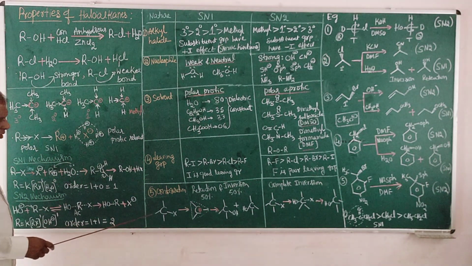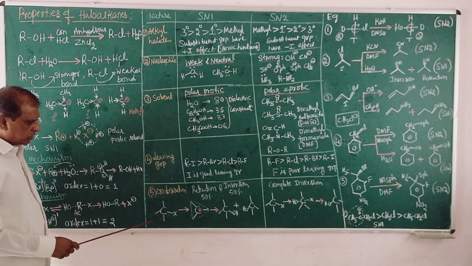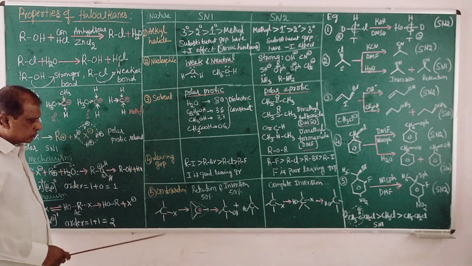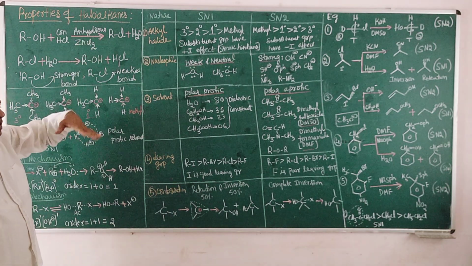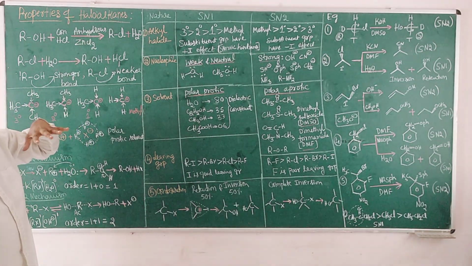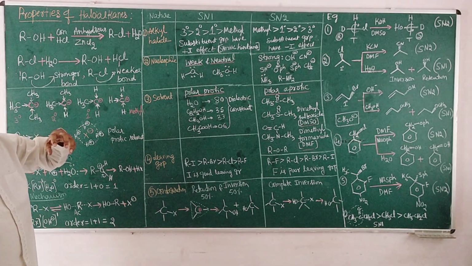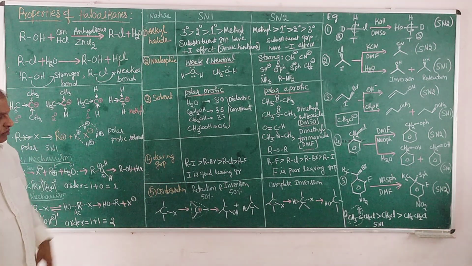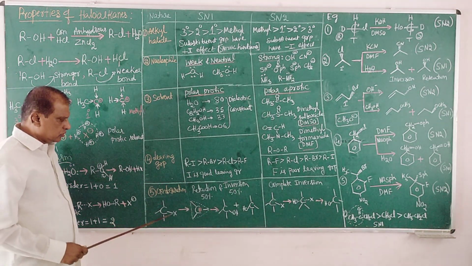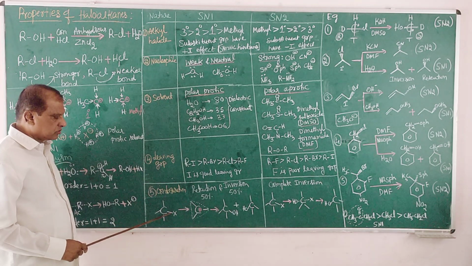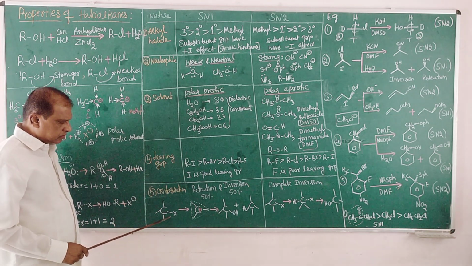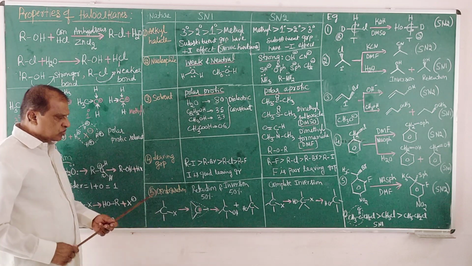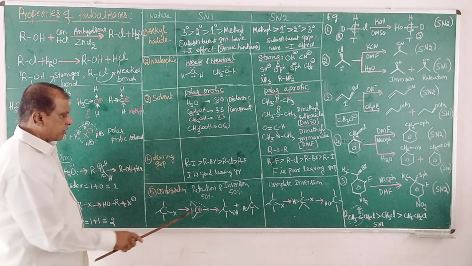So initially there are four chemical bonds, of course with the halogen. If there are four chemical bonds, the geometrical arrangement will be tetrahedral. Once this chemical bond is broken and removed, only three chemical bonds remain, a carbocation.